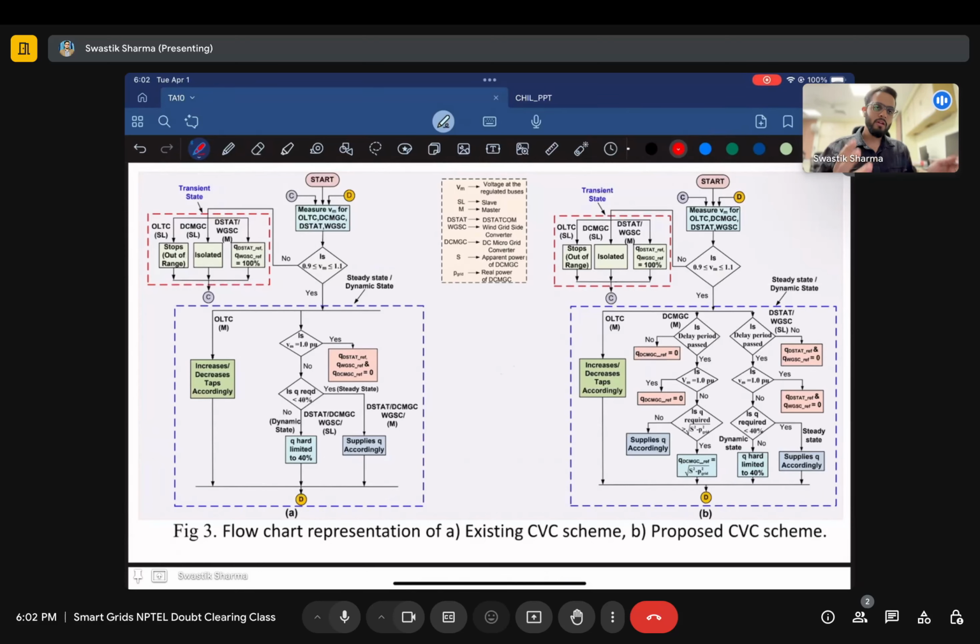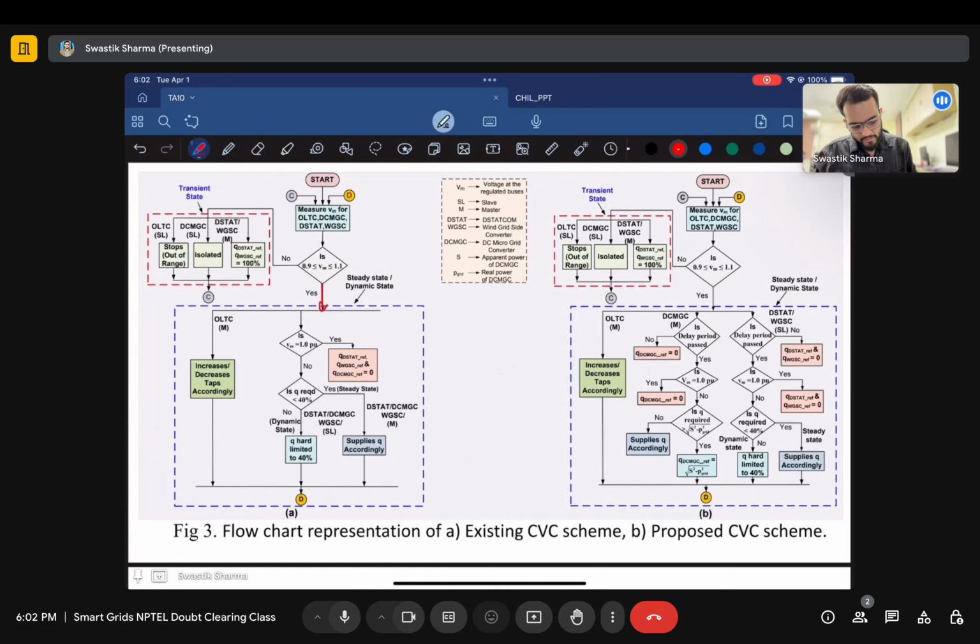So you want all of the reactive power that they can generate, up to their maximum rated capacity, to be generated. And you go back and check if the VM is still less than 0.9 or not. Since it's isolated and you are supplying all the reactive power you can from the converter side, it may happen that it starts coming back to its stable mode of operation.